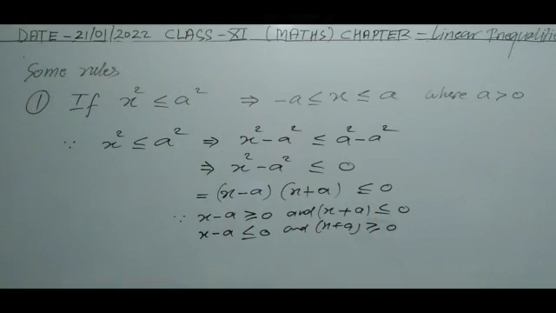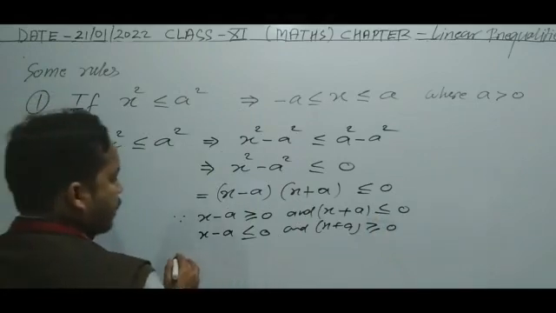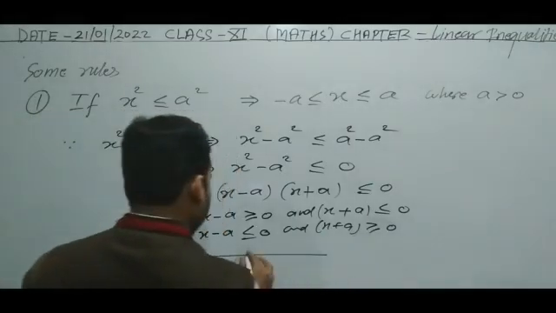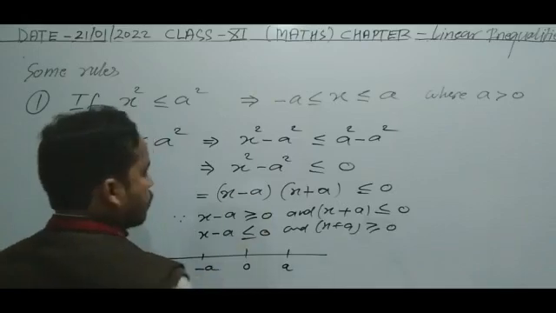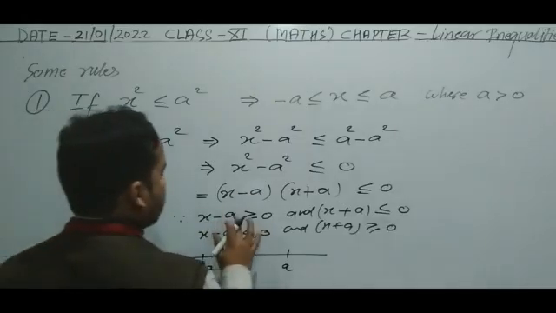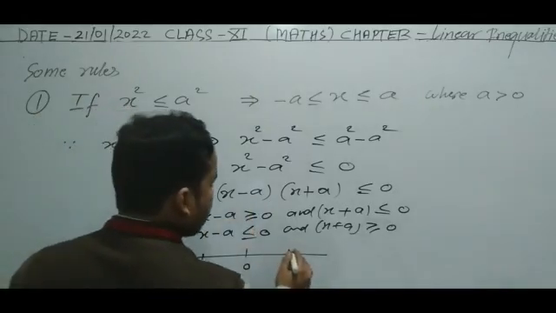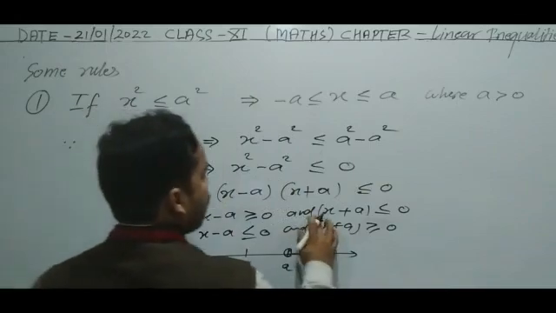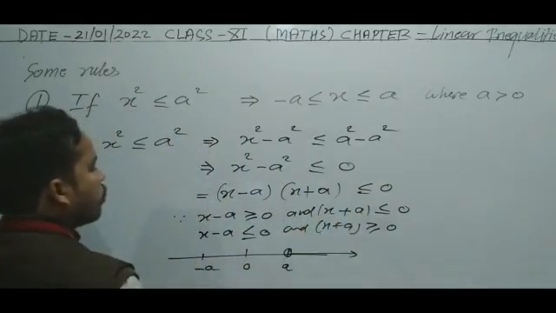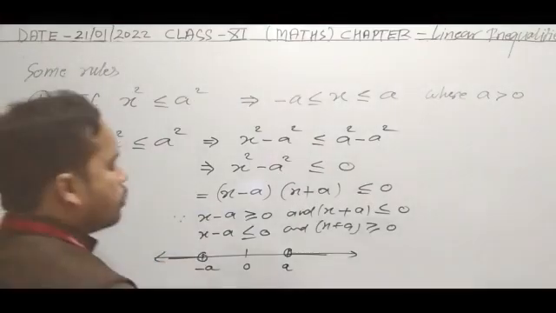So on the number line, suppose this is 0, this is a, and this will be minus a. For x minus a greater equal to 0 means x is greater than a, and less than minus a you will not get any solution.